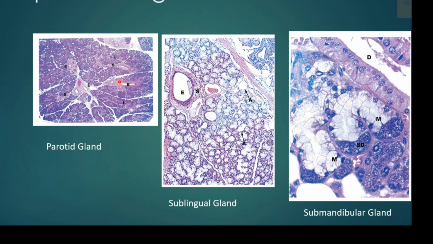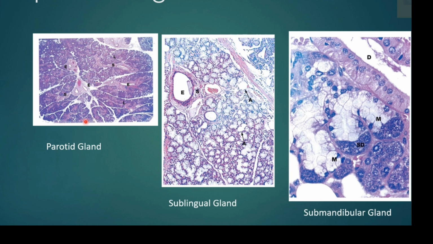You know that this one is the parotid gland, this one is the sublingual gland, and this one is the submandibular gland. So you should also know another way of classification, that the parotid gland is purely serous in nature. Whenever you look into the slide, you can only appreciate serous acini in the section of the parotid gland.